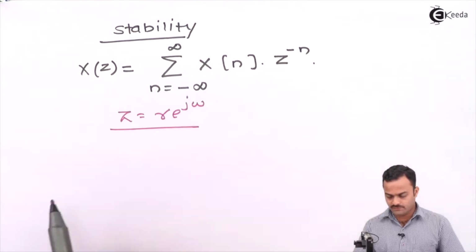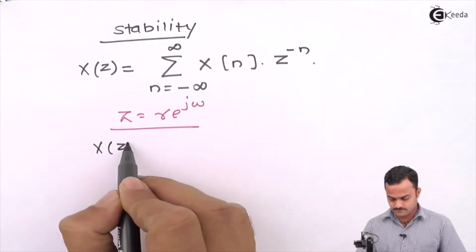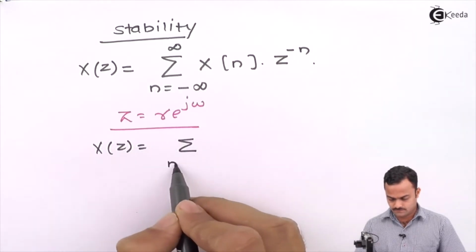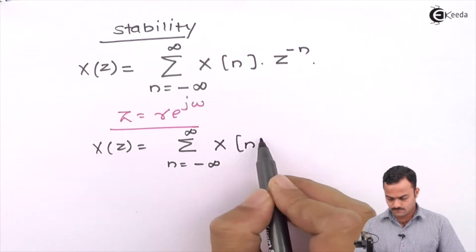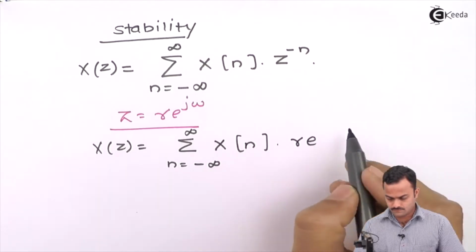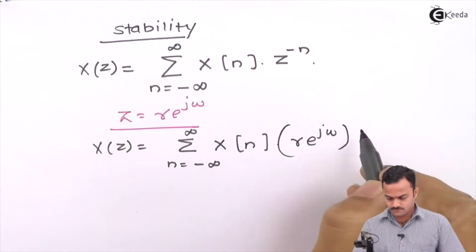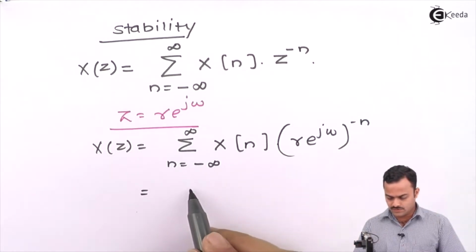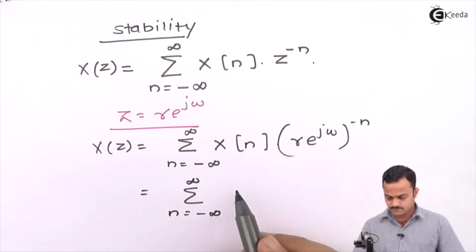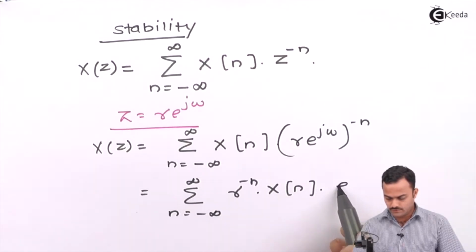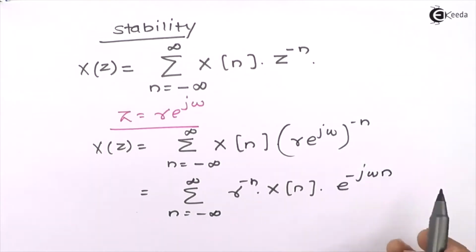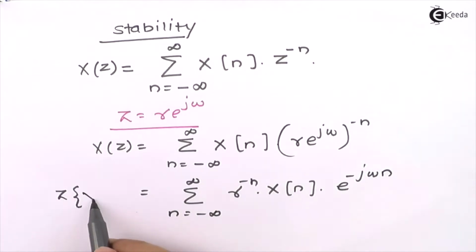So if I substitute, what I will get is this. This is nothing but summation n from minus infinity to infinity of r raised to minus n into x of n into e raised to minus j omega n. This is the Z transform of x of n.